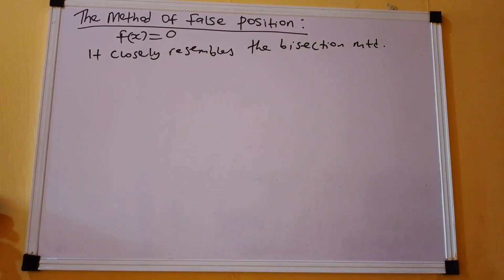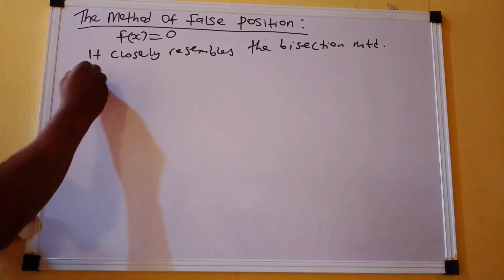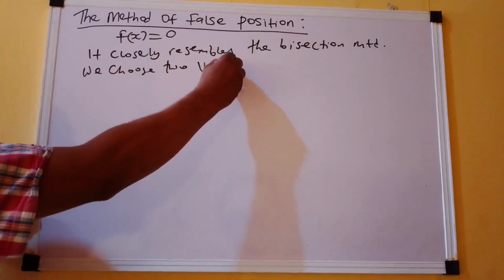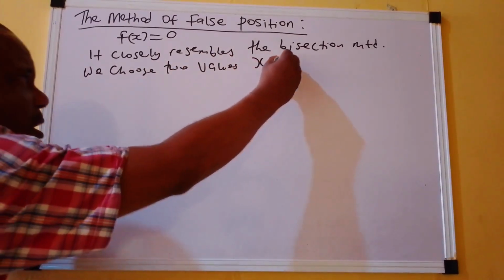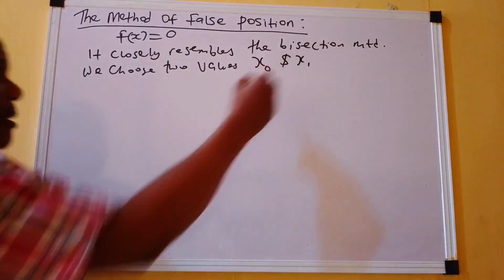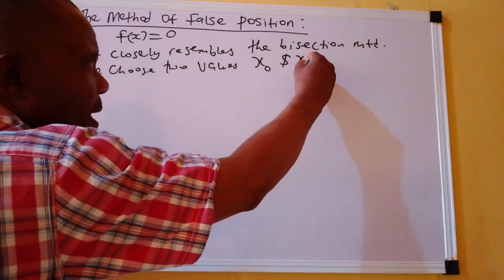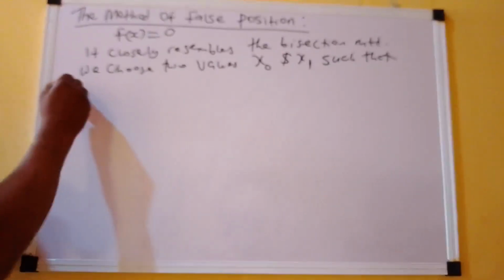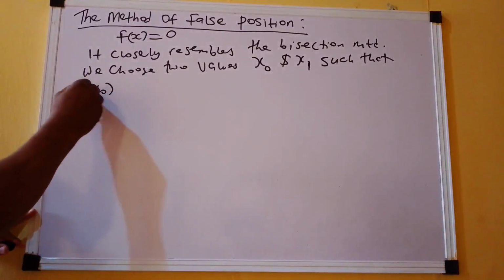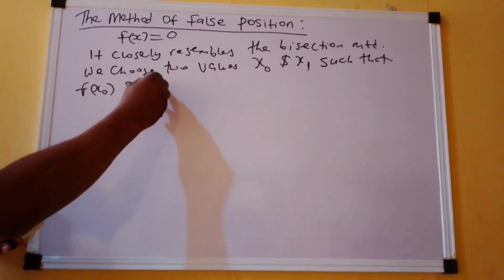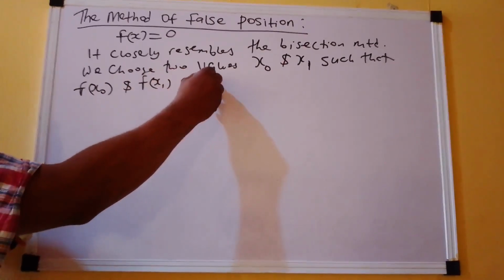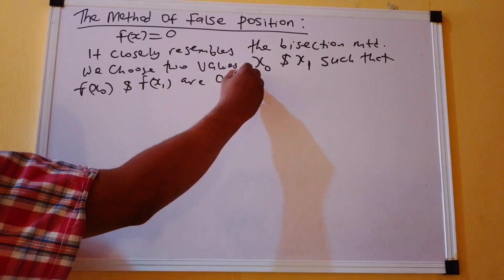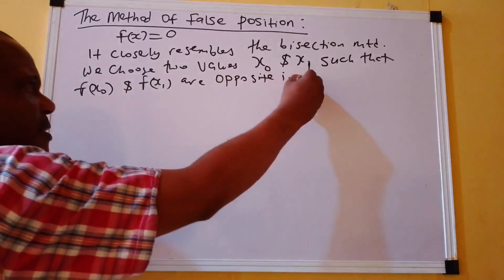In this method, we choose two values, x0 and x1, such that f of x0 and f of x1 are opposite in signs.